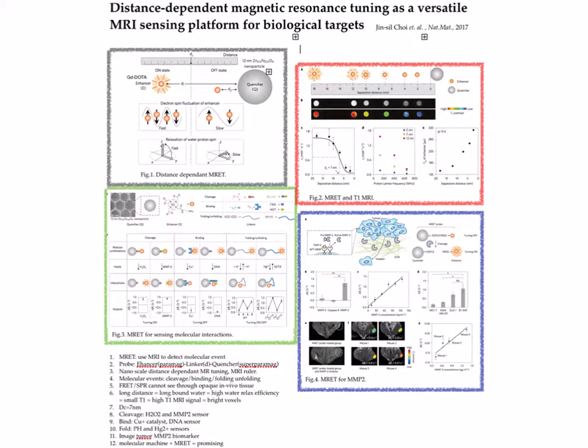That means this MMP2 can cut the special amino acid sequence PLGVR. If you have this PLGVR, this MMP2 will cut it into two parts. And the PLGVR fragment is actually contained in some fibers, especially in the extracellular matrix.